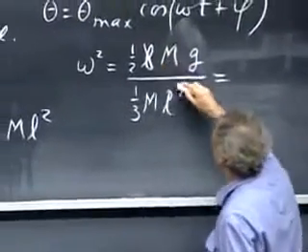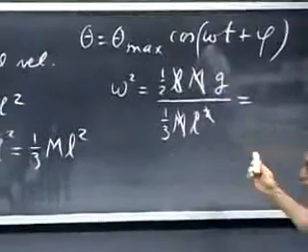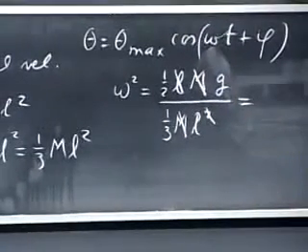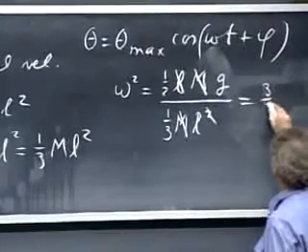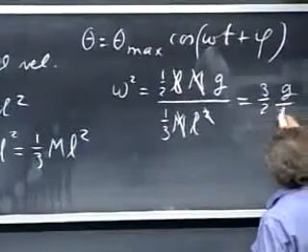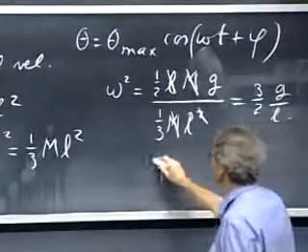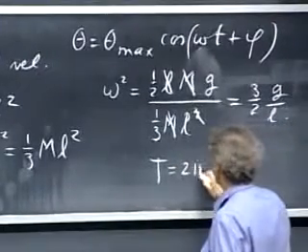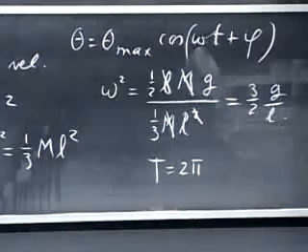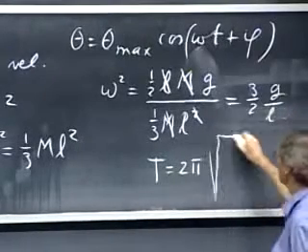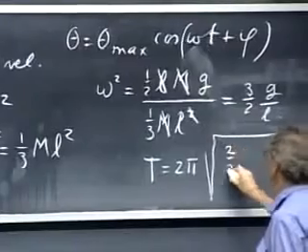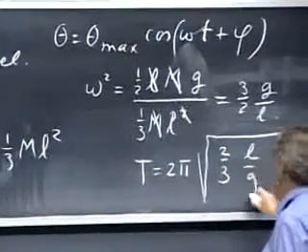I lose 1 L, I lose 1 m, very common, always lose your m's in gravity. And so this is 3/2 g divided by L. And so the period of one oscillation is 2 pi divided by omega. Omega is the square root of this, so that becomes 2 pi times the square root of 2/3 L over g.